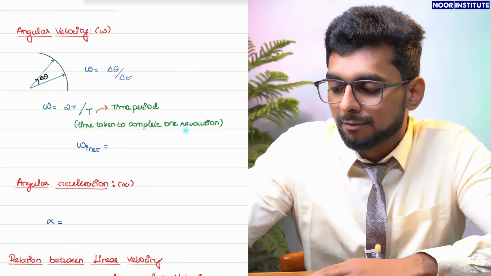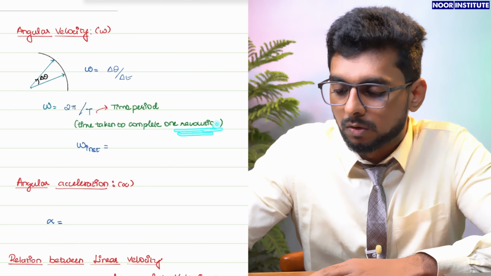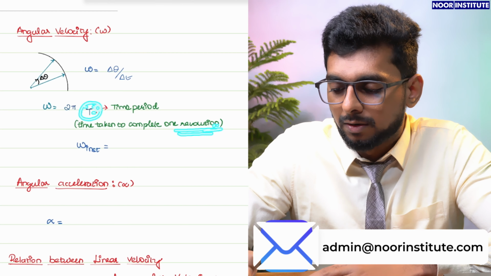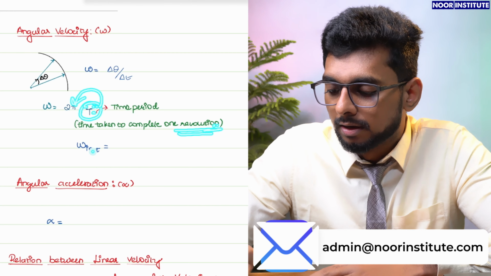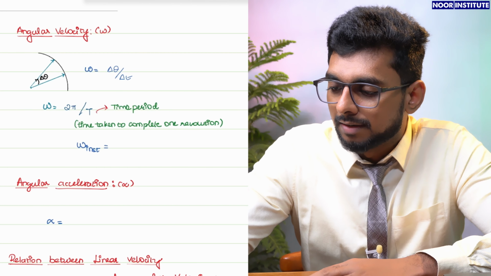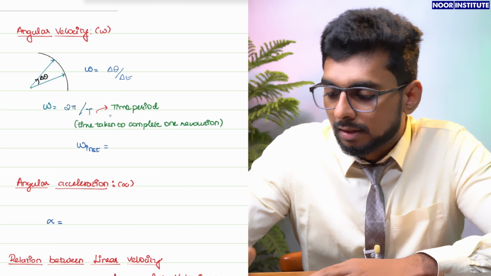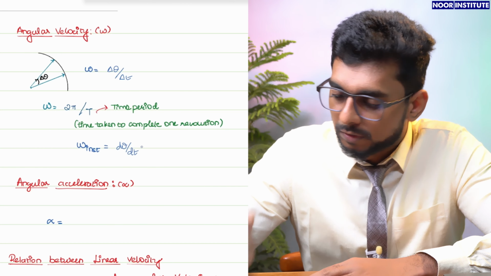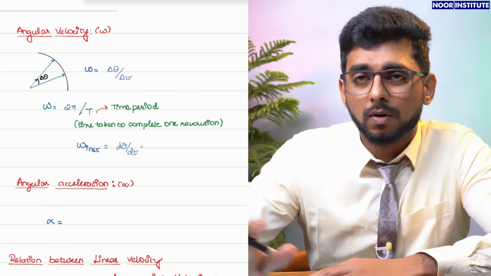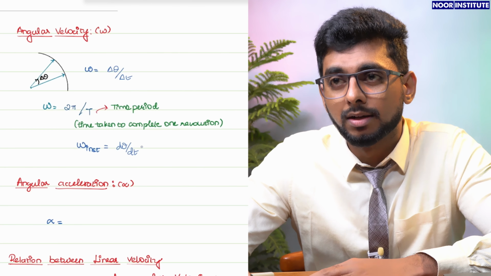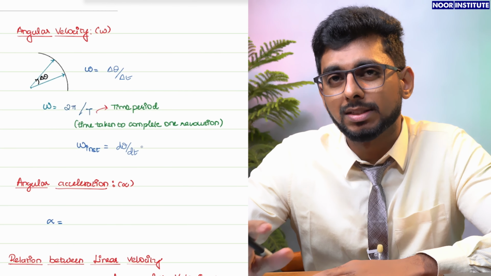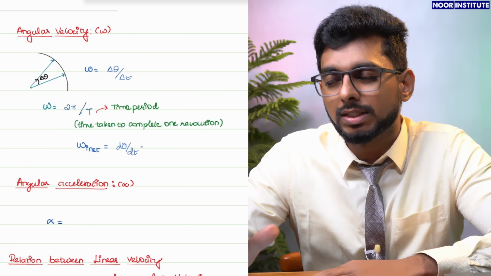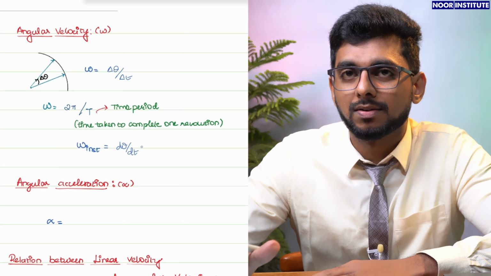Time taken to complete one revolution or one cycle is called the time period. So if it was one complete cycle, then I could match it with 2 pi, right? So the instantaneous omega will be the differential element of theta and time. Therefore, it will be d theta divided by dt. These are the things that you need to know regarding angular velocity. There is more to it, which we'll do in upcoming chapters. As of now, you just need to know angular velocity is nothing but change in theta divided by the time interval.